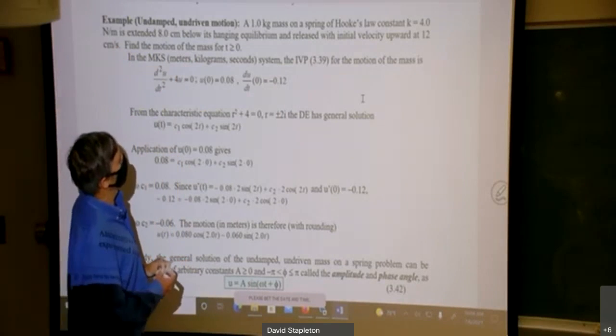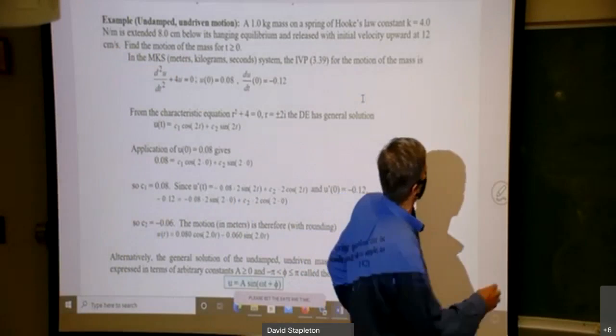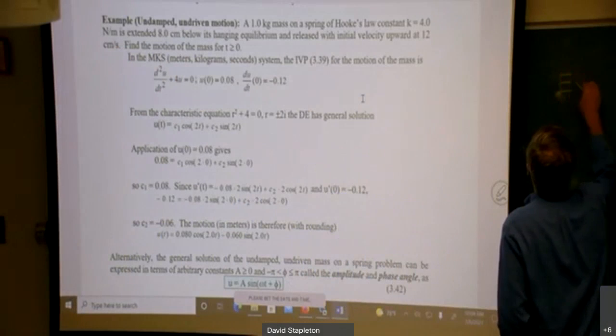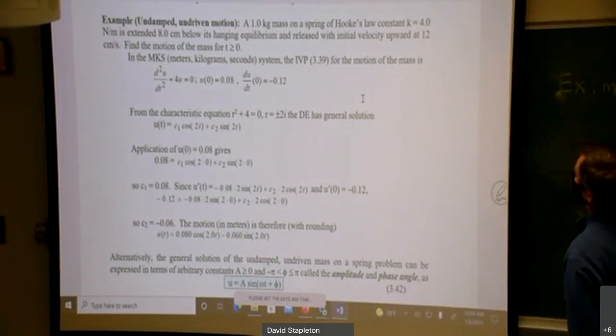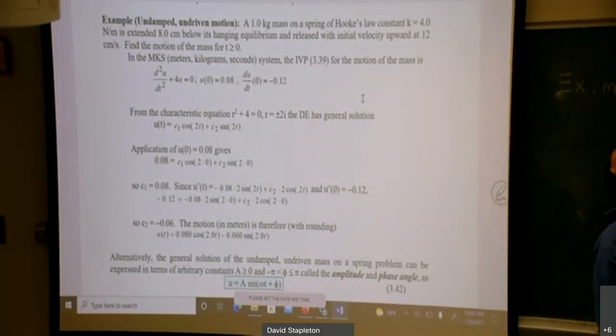Here's what I write down, and maybe I better write the problem on the board here. Example: suppose the mass is 1, the Hooke's law constant k, I'll move the camera in just a second, is 4. This is damped driven motion.